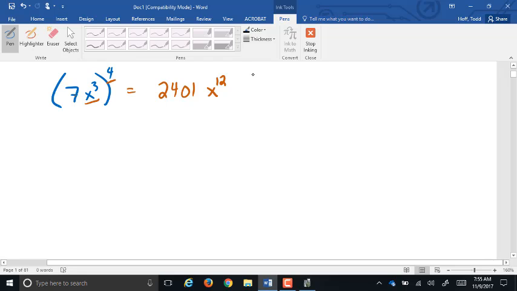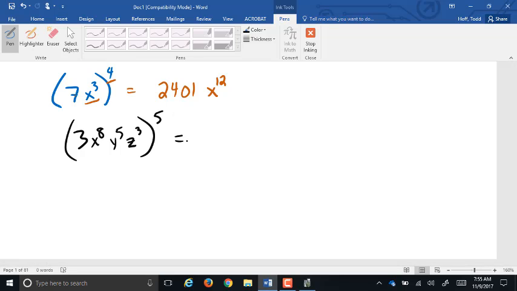So what if we have 3, x to the 8th, y to the 5th, z to the 3rd, to the power of 5. Is that going to be 15? No. 3 to the 5th power is going to be 243, yes. How about x to the 8th to the 5th power?